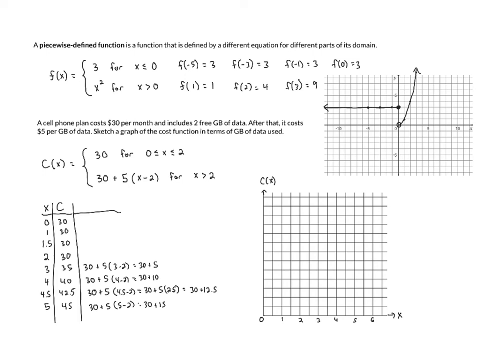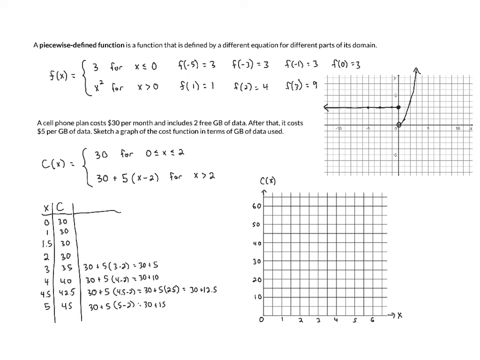And then the cost goes all the way up to 45. So let's let this be 10, 20, 30, 40, 50, and 60. So vertically, each of these boxes is 5 units, 5, 10, 15, 20, 25, 30. And across, each one is half a unit. So half, 1, 1.5, 2, 2.5, 3, etc.